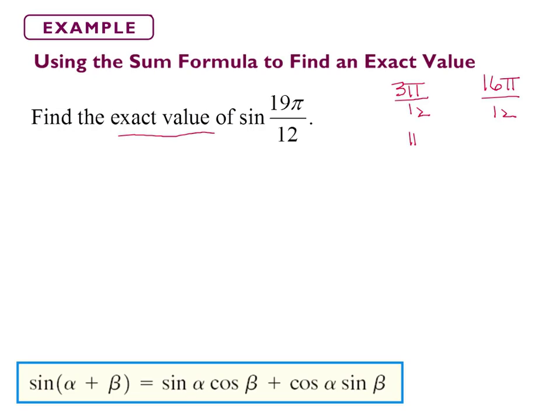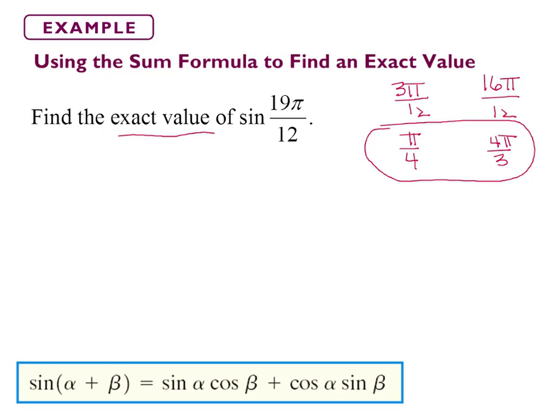If I simplify this, I get pi over 4. And if I simplify this, I get 4 pi over 3. And I do know those two angles. There's other ones that will work, by the way. 4 and 15 would work as well, I believe.